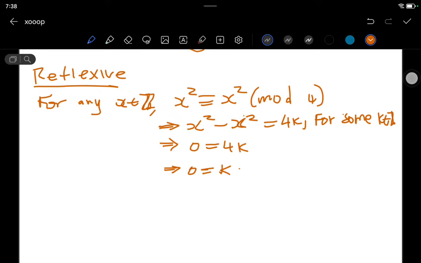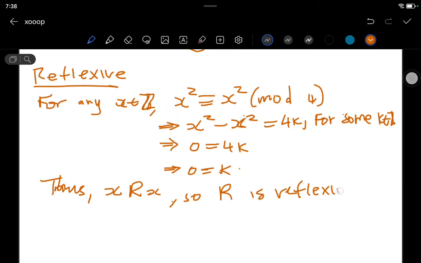This is indeed true because we said for some k an integer; we found that value. Thus x is related to x, since the condition holds. So R is reflexive.